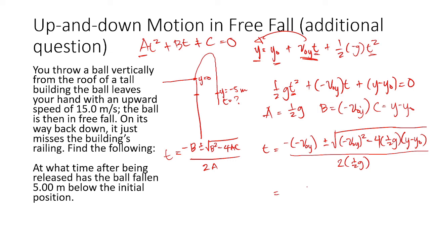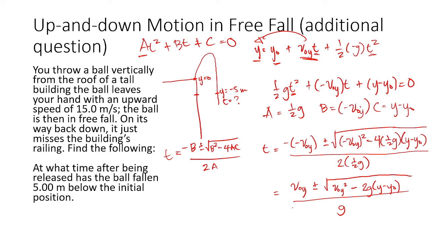And upon simplifying, magkakaroon tayo ng v naught y plus or minus the square root of v naught y squared minus 2g times y minus y naught, over g.